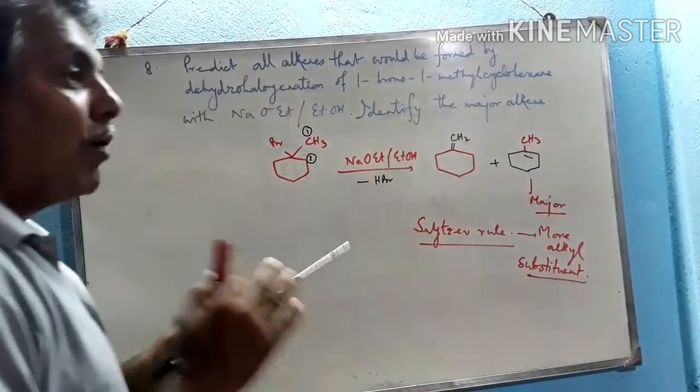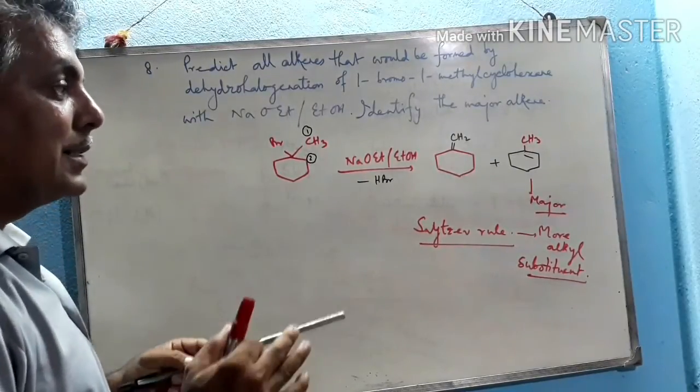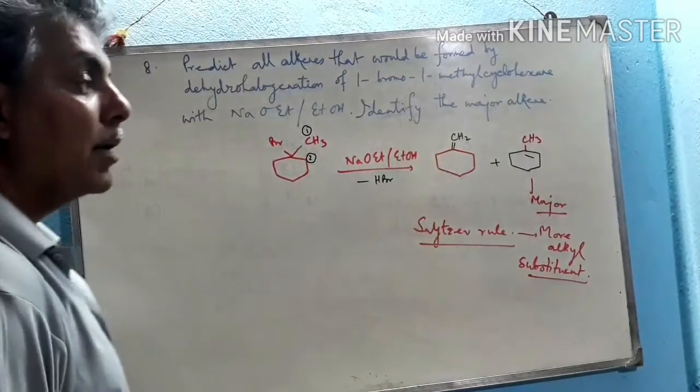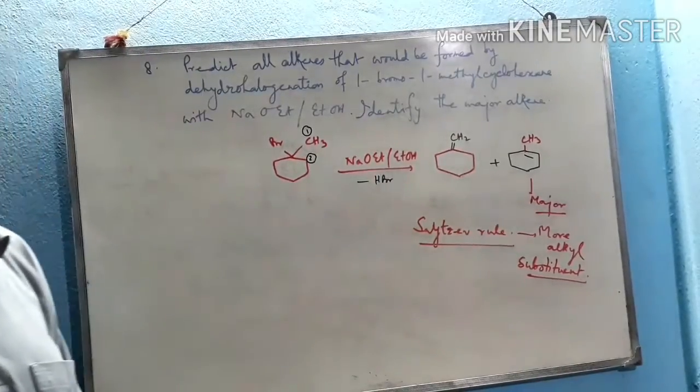Whenever the double bond occurs inside the ring, that will be the major product. So this is the major product, methylcyclohexene.